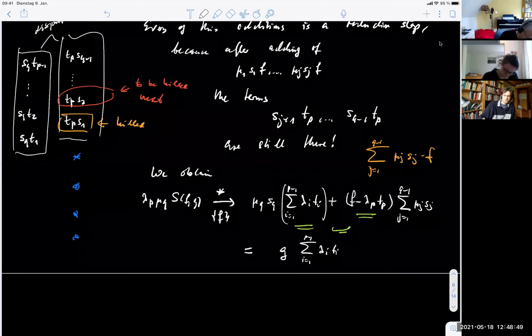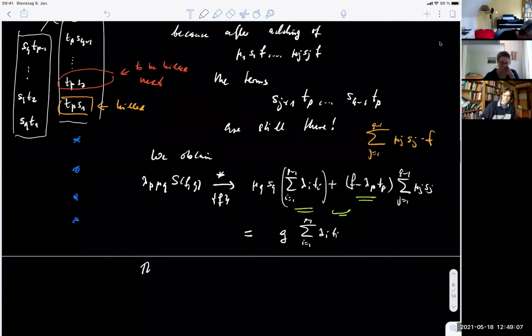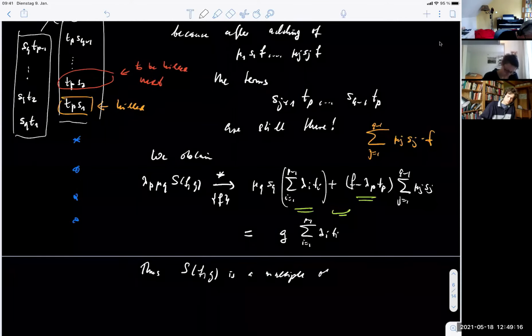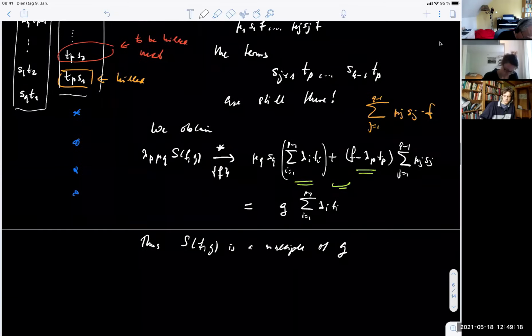Because the green one I can factor out, and this plus this gives me G. So to summarize what you realized, the S polynomial is a multiple of G. Thus, S(F,G) is a multiple of G.